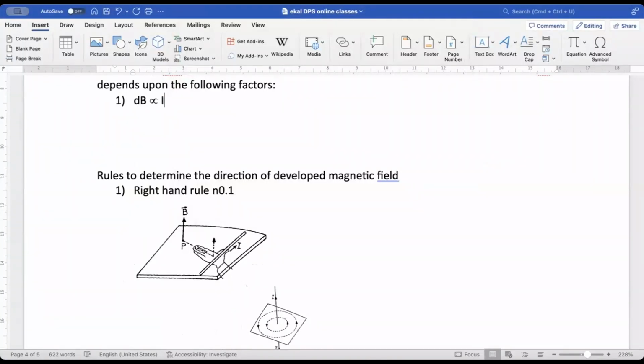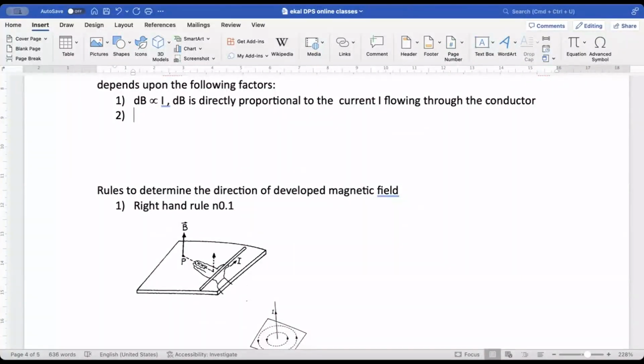dB is directly proportional to the current I flowing through the conductor, right?